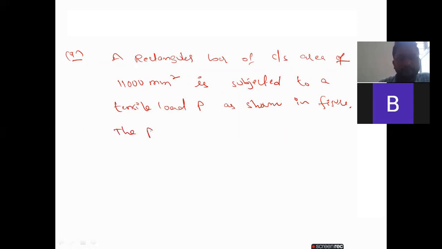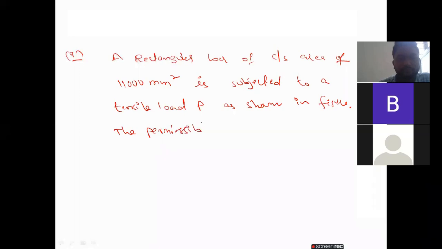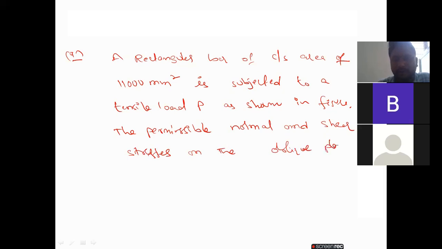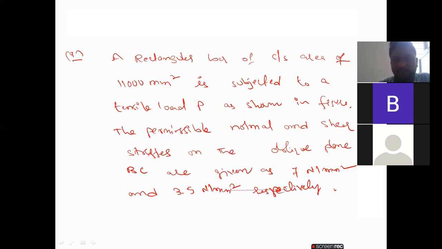The permissible normal and shear stresses on the oblique plane BC are given as 7 Newton per mm square and 3.5 Newton per mm square respectively. Determine the safe value of P.